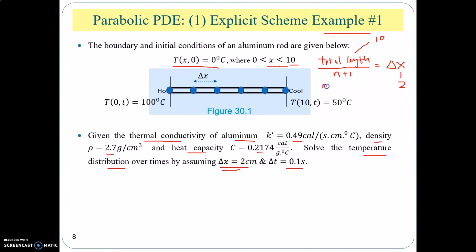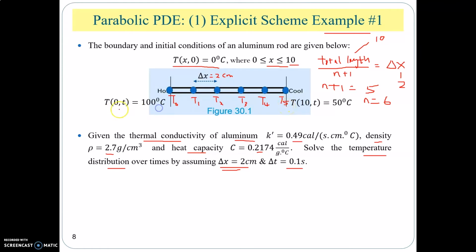So from here you obtain n plus 1 equal to 5 and n is equal to 6. With that, we draw 6 points here and the delta x is equal to 2 cm between the points. We are going to find the temperature at point 0 here, point 1, 2, 3, 4, and temperature at point 5 here.